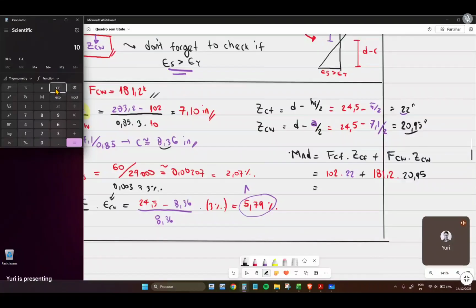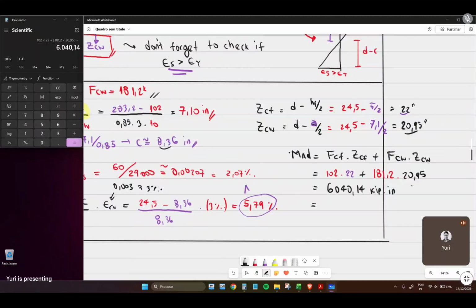All right, let's calculate here. 102 times 22 plus 101.2 times 20.95. It's around 6,040.4. This is in kip inches.